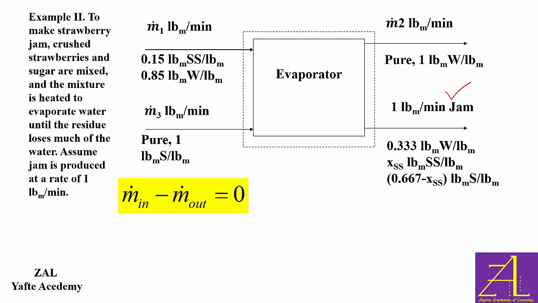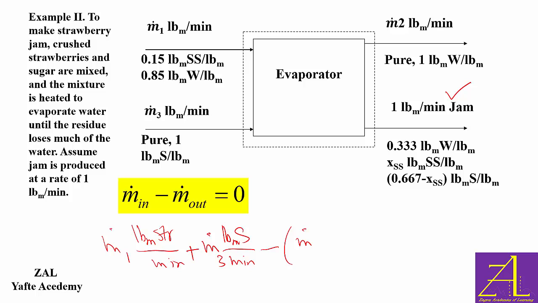This process is a steady state, and therefore if we apply the differential mass balance, we will write m dot 1 pound mass of strawberry per minute plus m dot 3 pound mass of sugar per minute minus m dot out, which will be m dot 2 pound mass of water per minute plus 1 pound of jam per minute.